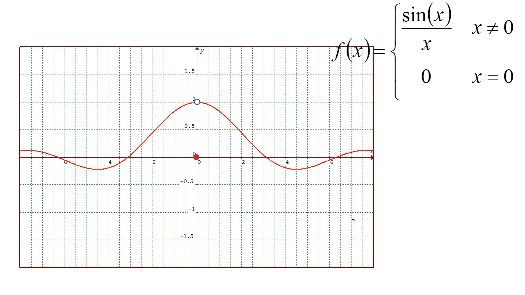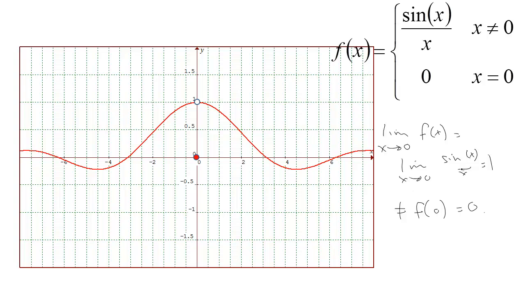One last one here. We have a function f of x. This one is not continuous at 0. The limit exists at 0. So if you take the limit as x tends to 0 of f of x, that's just the limit as x tends to 0 of sine x over x, which is 1, but that's not the value of f at 0, because the value of f at 0 is 0.